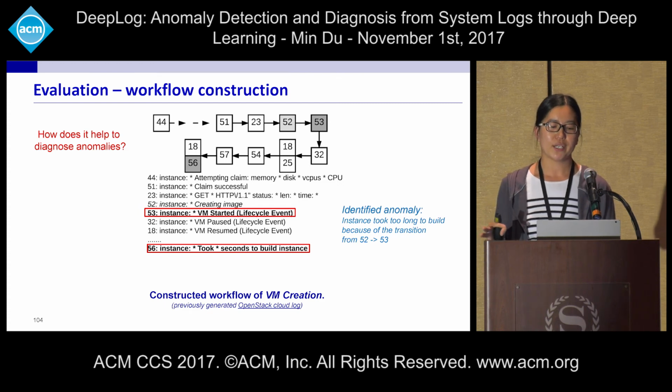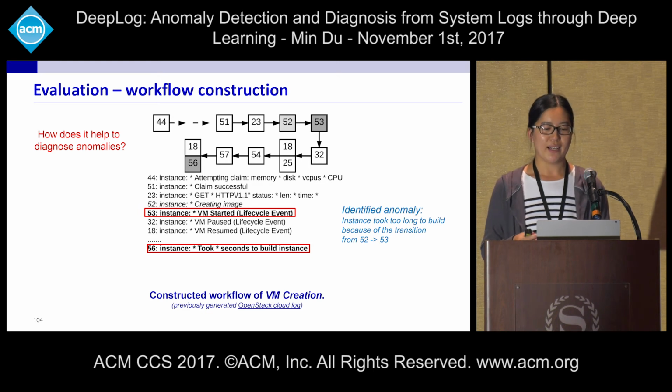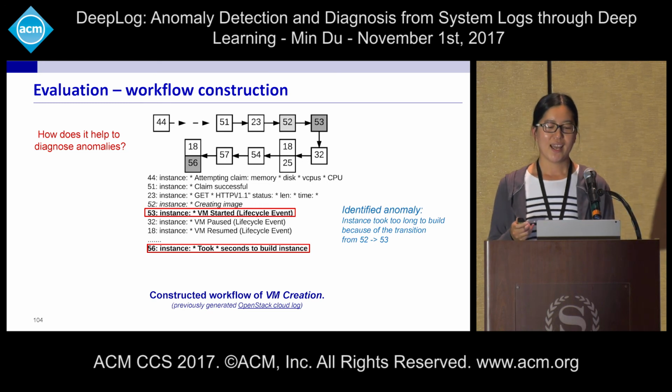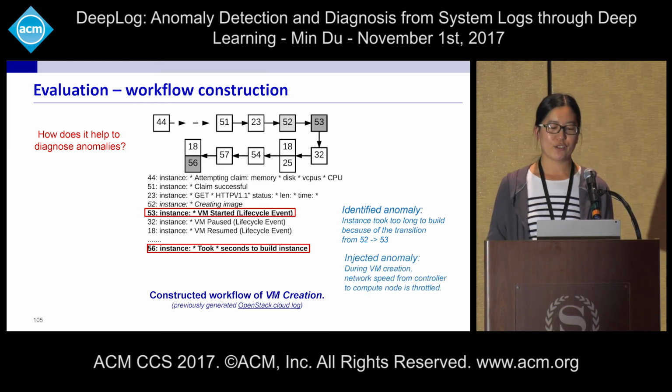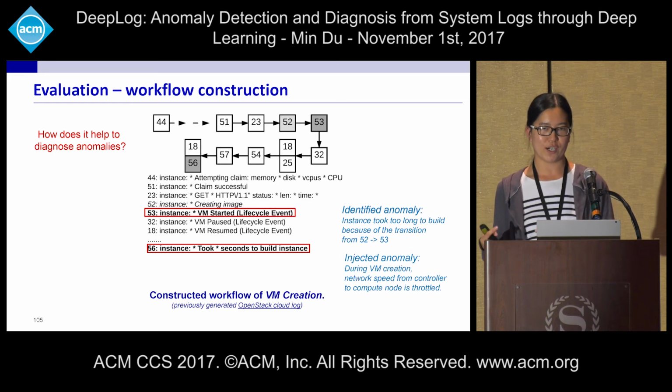Note that 52 here is creating image. Which means that the VM creation step takes too long because of this creating image operation. And our injected anomaly during VM creation is that the network speed from controller to compute node is throttled.